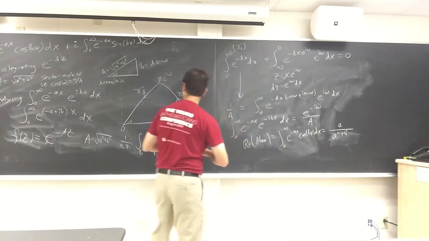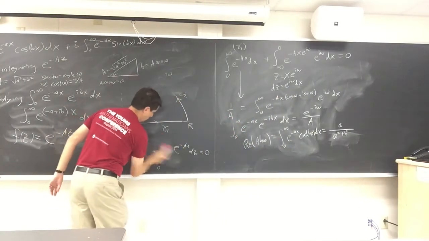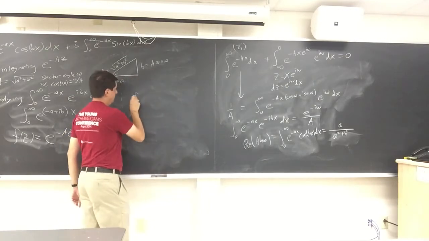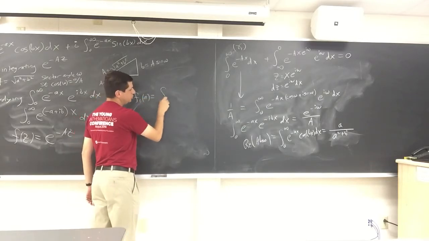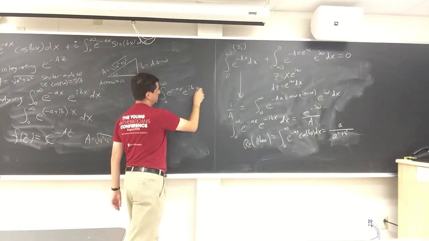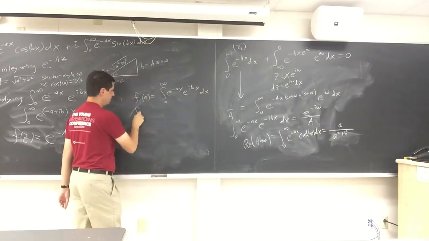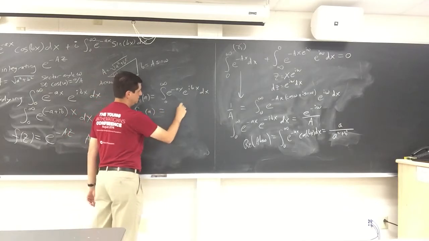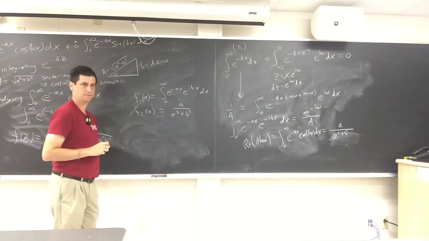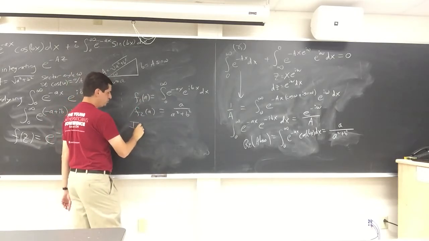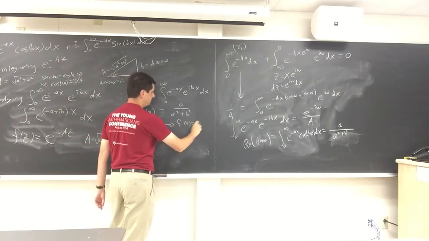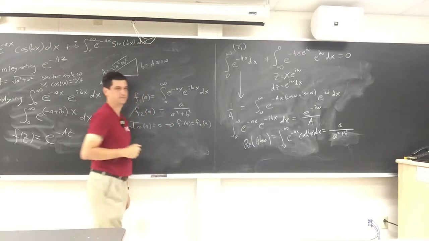So if we wanted to label our two functions, we could say f1 of a is the integral from 0 to infinity of e to the minus ax e to the i bx dx. And we could say f2 of a is a over a squared plus b squared. And we know if the imaginary part of a equals 0, that implies f1 of a equals f2 of a.